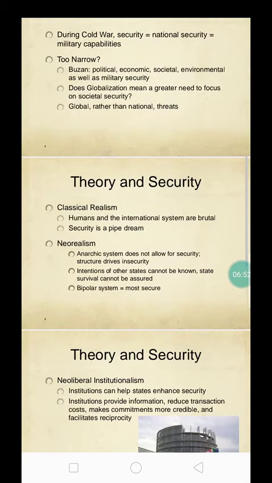Next is neorealism. An anarchic system does not allow for security. Structure derives insecurity. The intentions of other states cannot be known. State survival cannot be assured. A bipolar system is the most secure. Neorealism's most central concern is the protection of the state.